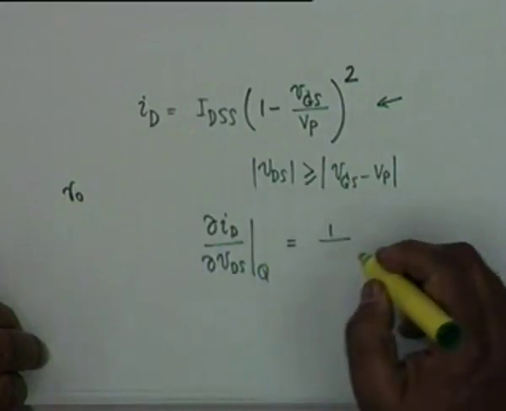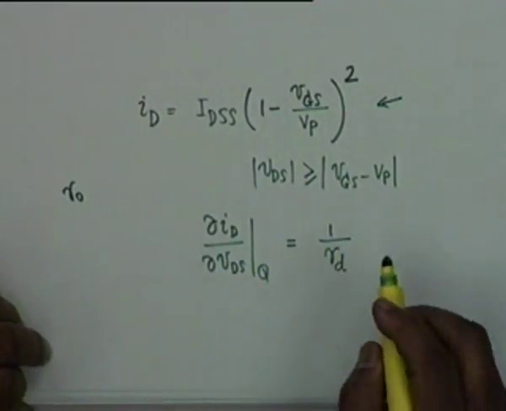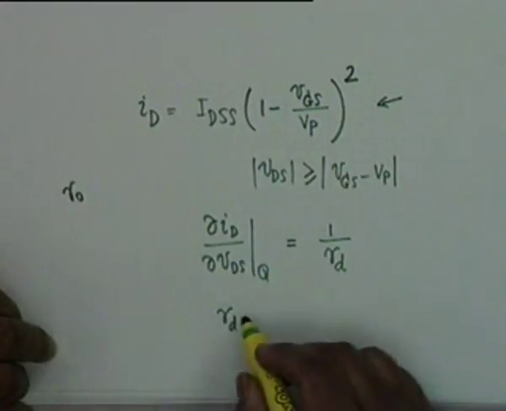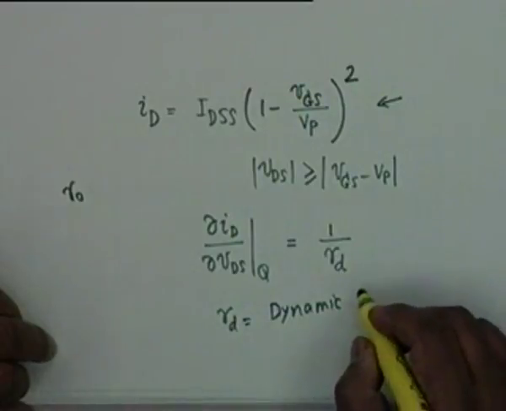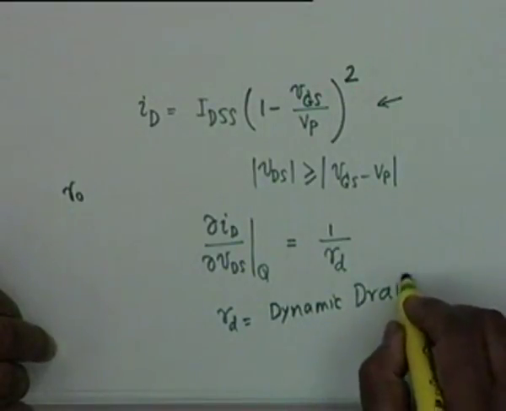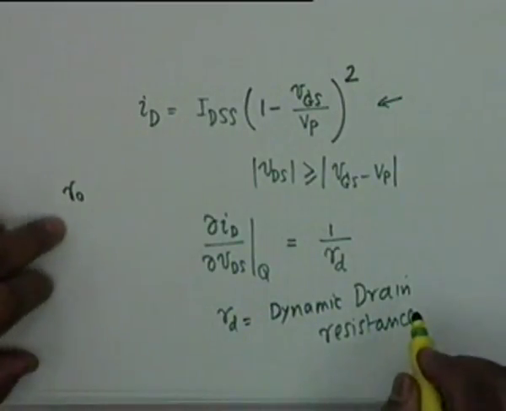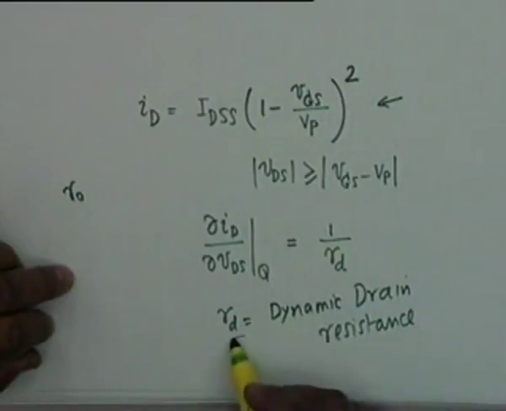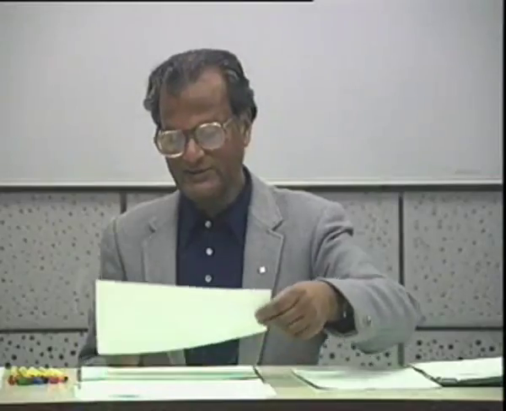It is denoted by 1 by rd, where the subscript d is for drain. Small rd is called the dynamic drain resistance. R0 in BJT is the dynamic collector resistance.